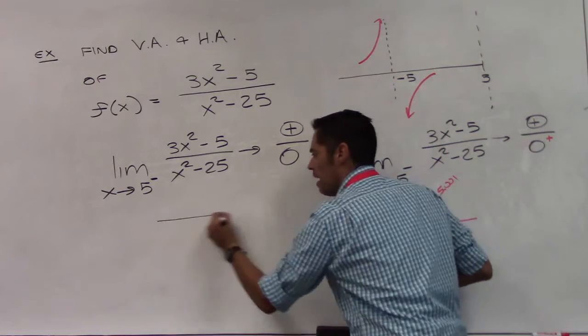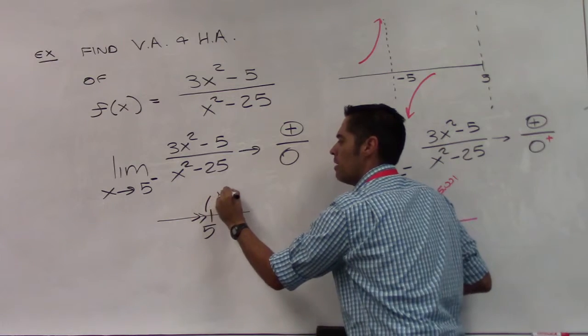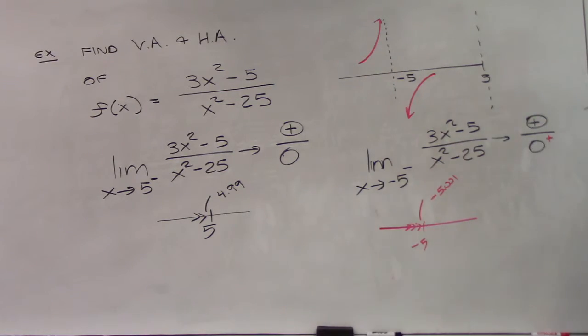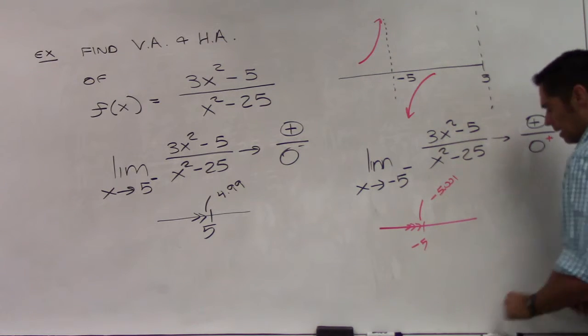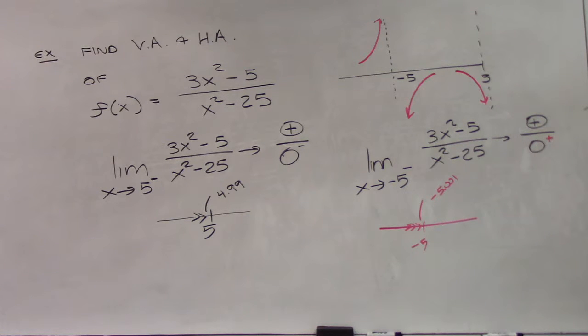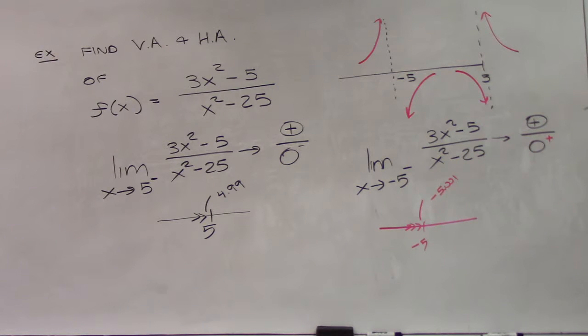Take a number to the left of 5, which is 4.99. Plug that in. It's going to be negative. So it'll be negative, which means that over here it would be going down. And then on the other side it would be opposite, so it would be going up. Right?